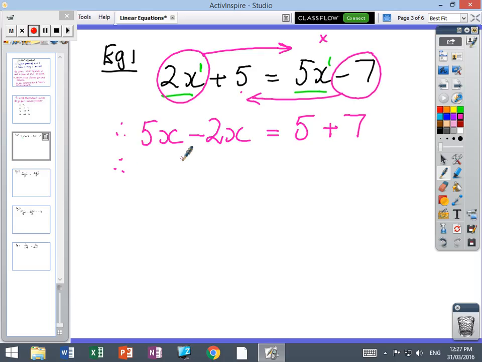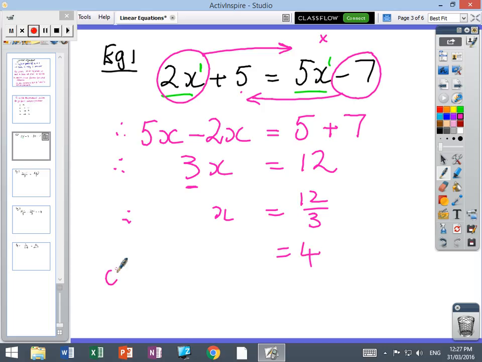And then it's just simplify. So it's got 3x equals 12. And then to get rid of a times 3, you can divide by 3, and you get the answer to be 4. And if you wanted to check your answer, we've got 2 times 4 plus 5 equals 13.